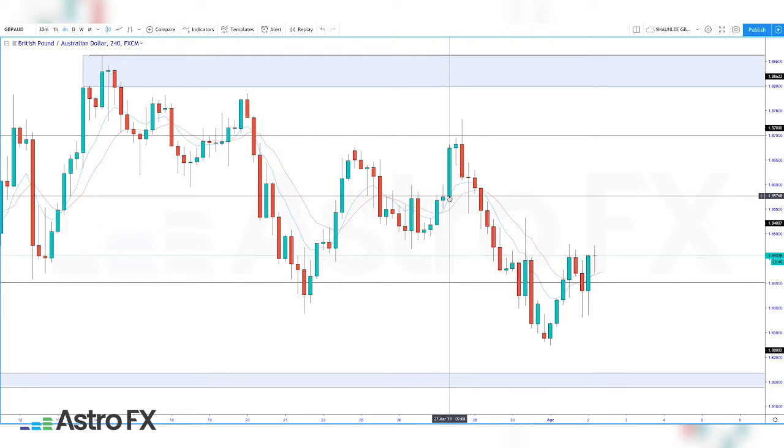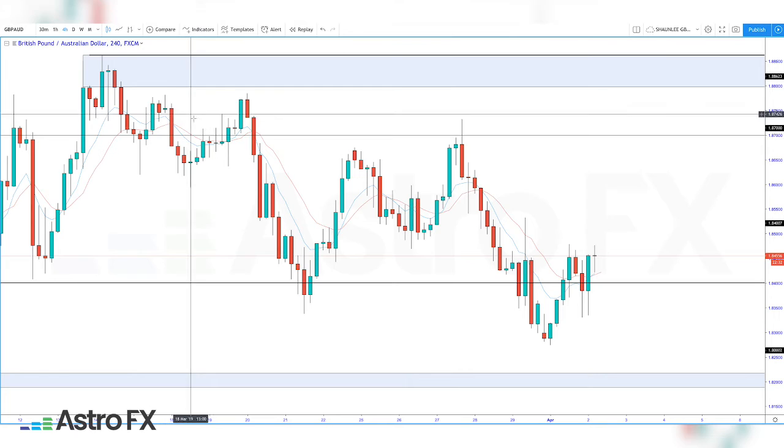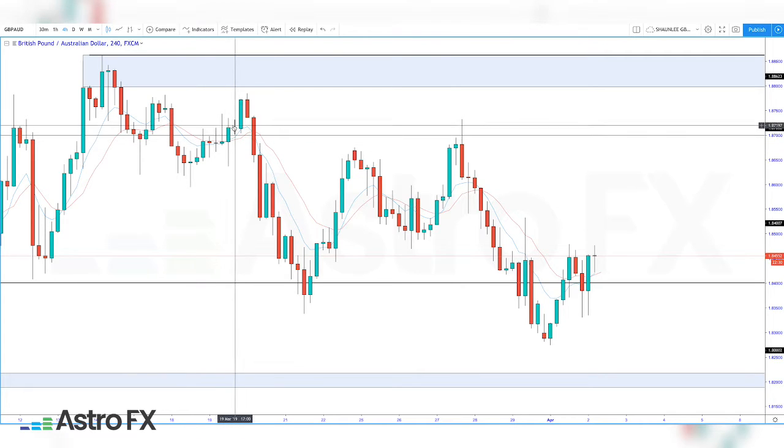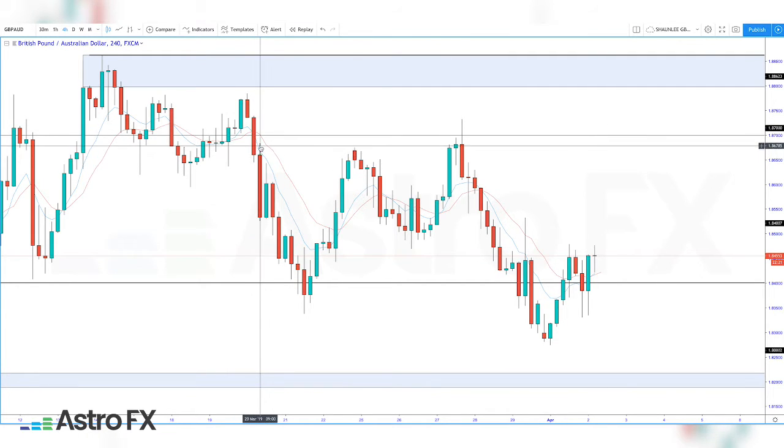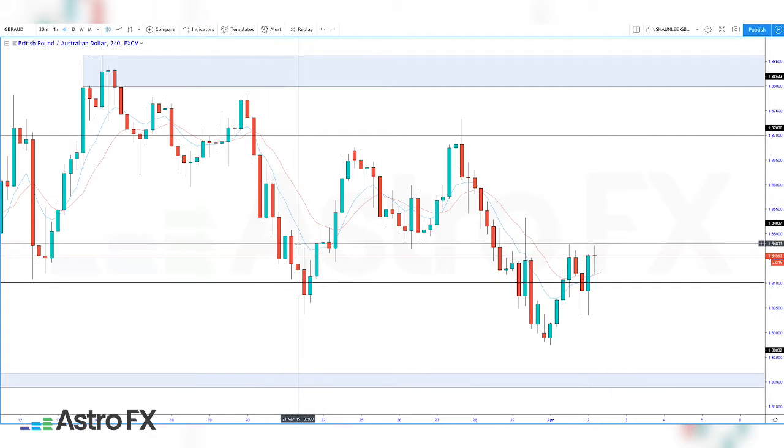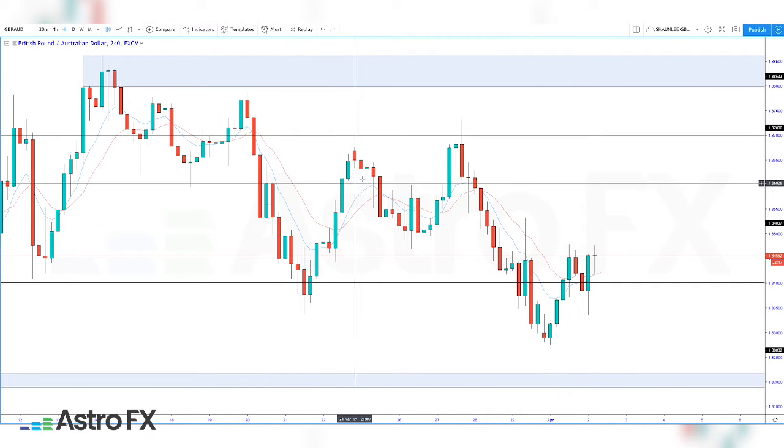Even when we add the layer of the 14 EMA onto the chart, the 8 EMA has the most power when it comes down to what I've already mentioned about the price balancing above and then breaking back below. So you can see here we broke back below the 8 EMA. We broke back below both moving averages, but we broke back below the 8 EMA, we retested it, and we remained below until we broke back above, and so on.